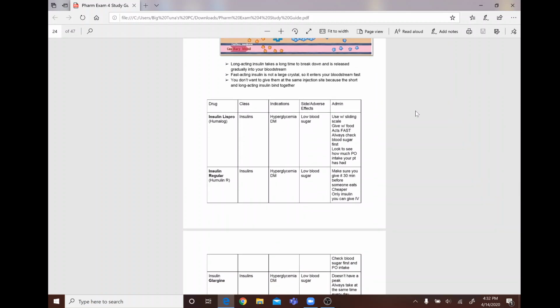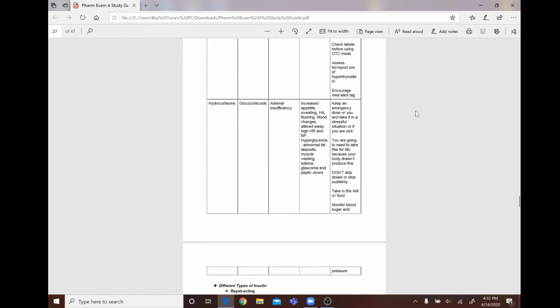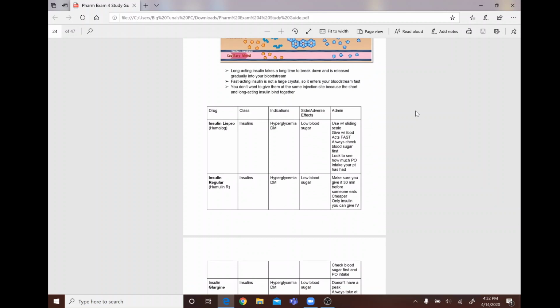Insulin lispro or Humalog is what type of insulin? It's a rapid-acting insulin. What is insulin lispro used for? Hyperglycemia and diabetes. What are the side and adverse effects of insulin lispro?